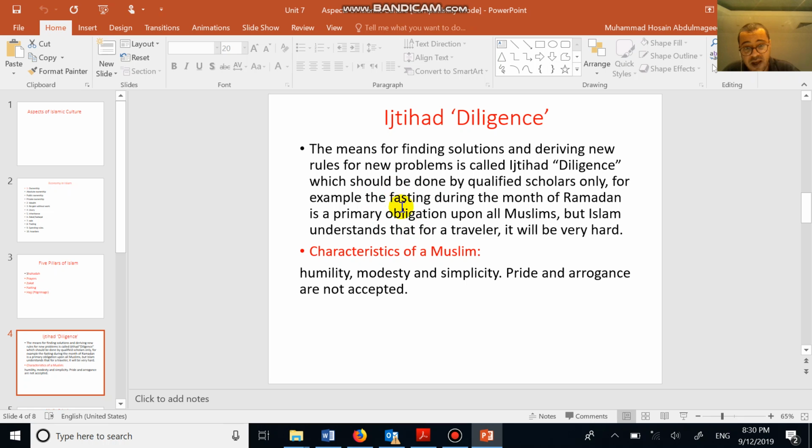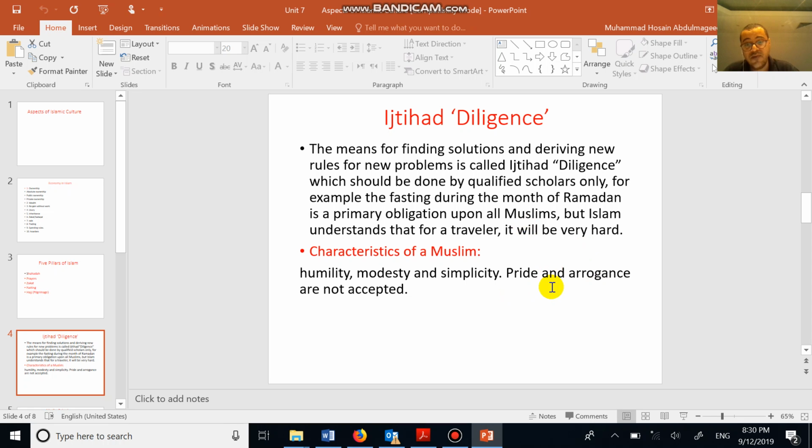This is one of the examples. Fasting during the month of Holy Ramadan. It's a primary obligation for all Muslims, but there are some exceptions, such as travelers. For example, if I travel from one place to another and I can't fast, Islam allows me to break my fast, and then I do it later after Ramadan.